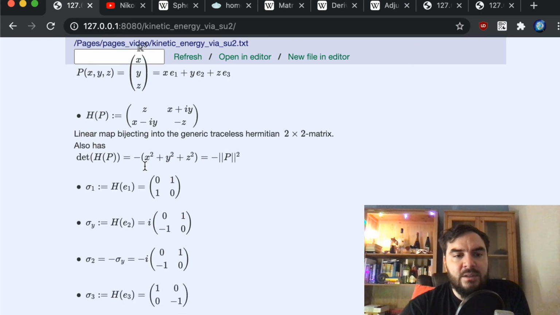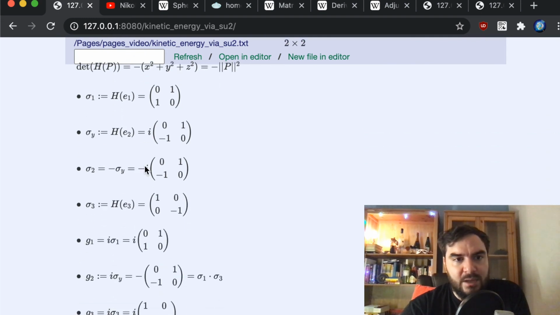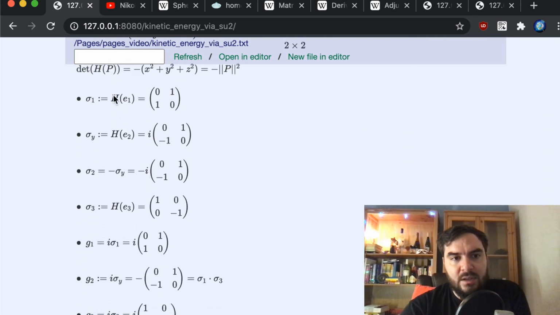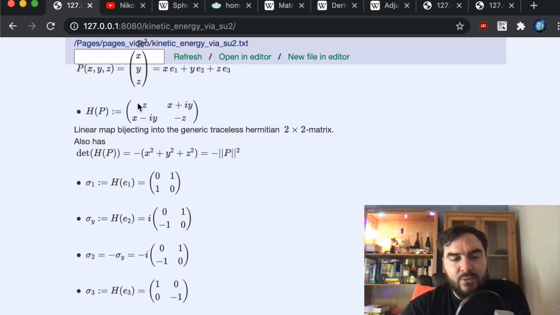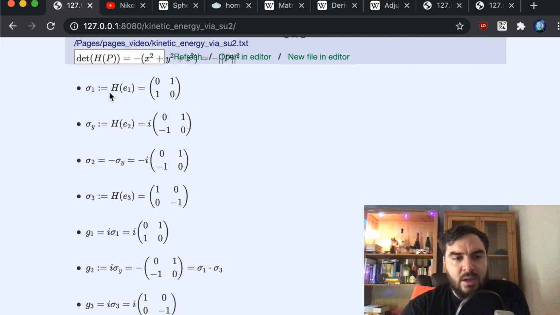Okay, and then we can define the Pauli matrices, right? They are just the map of the unit vector looking in x dimension of H is 0, 1, 1, 0, and see, this is exactly this matrix. And similarly for the other Pauli matrices, they can be defined like that.